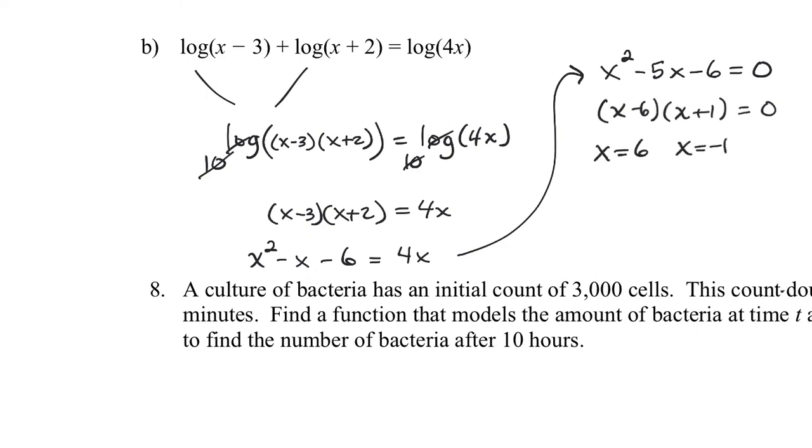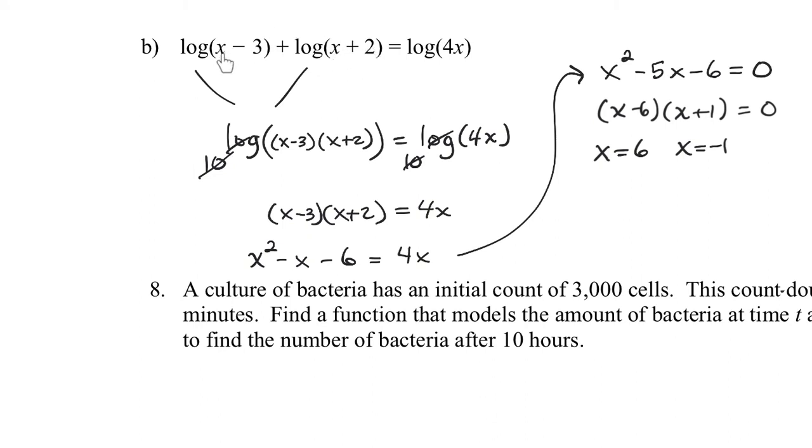And I say possible solutions, the thing you need to keep in mind when you are solving logarithmic equations is you cannot have any value for your variable that is going to turn the expression inside of a logarithm negative. Remember that you can't take the logarithm of a negative number. Negative 1, for example. If you plug negative 1 in here, for this x, negative 1 plus 2 is 1.